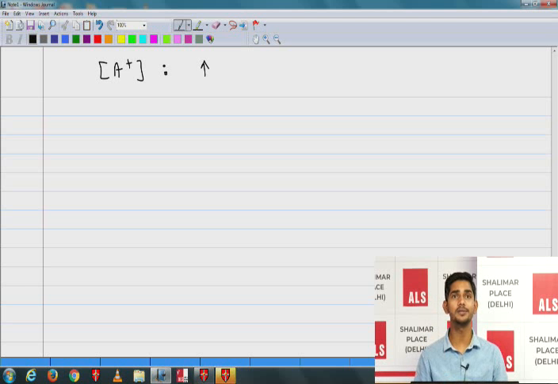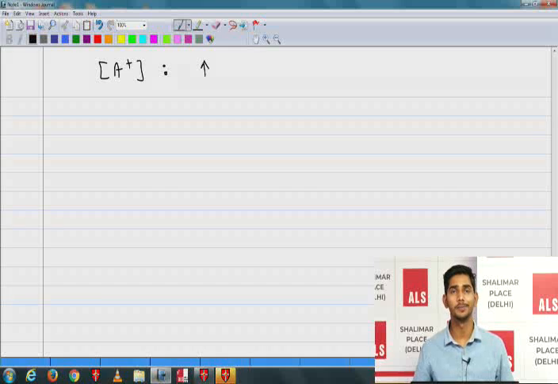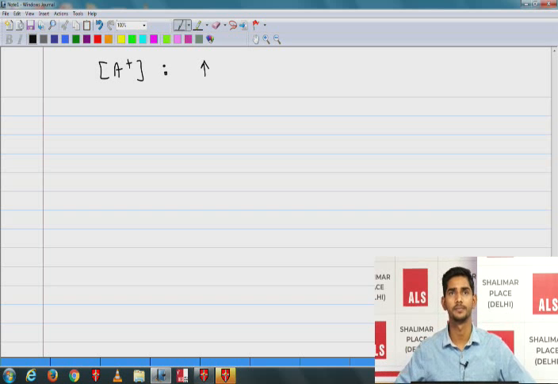My question is, what will be the effect on the concentration of B with respect to A? Whether it would increase or decrease? Are you getting my question? I'm just asking in relation with A, what should be the concentration of B? Whether it should be increased or decreased?